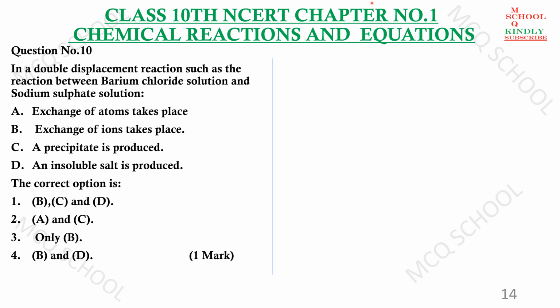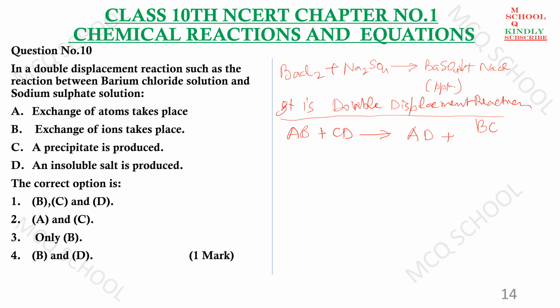So what is the answer as per you? To understand better, let us write the equation at first. When barium chloride reacts with sodium sulfate, it forms barium sulfate precipitate and sodium chloride. It is for sure a double displacement reaction. In this, it is sort of AB plus CD. Two compounds react such that they shuffle their partners: AB and CD react to form AD plus BC.